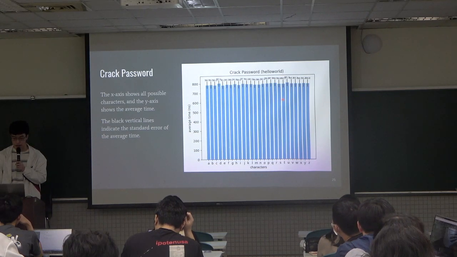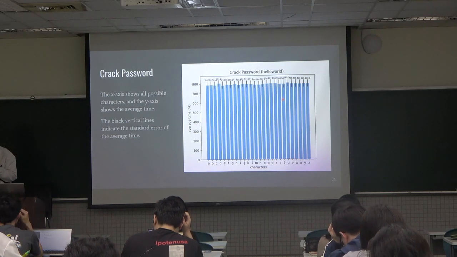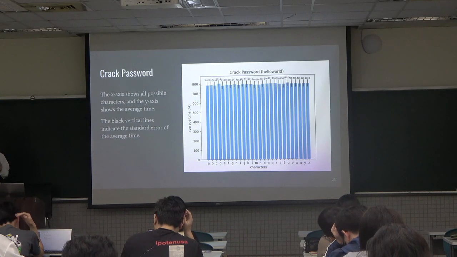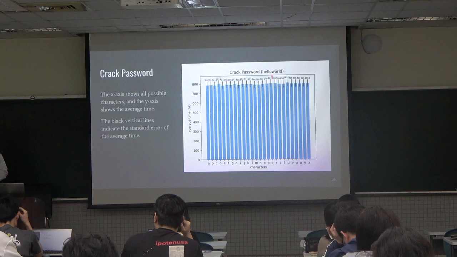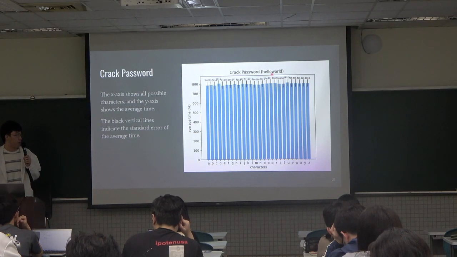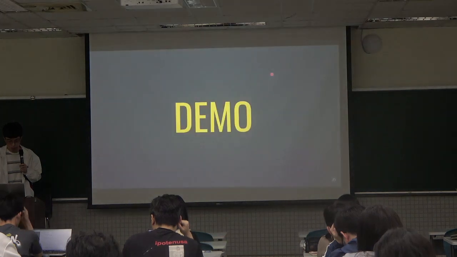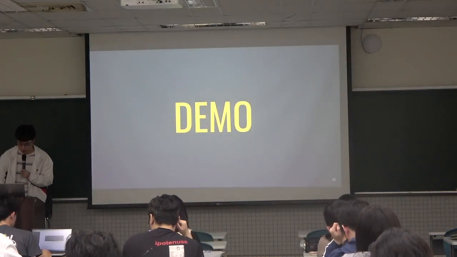The x-axis shows all possible characters, and the y-axis shows the average time. The black vertical lines indicate the standard deviation of the average time. And now I will run my script.